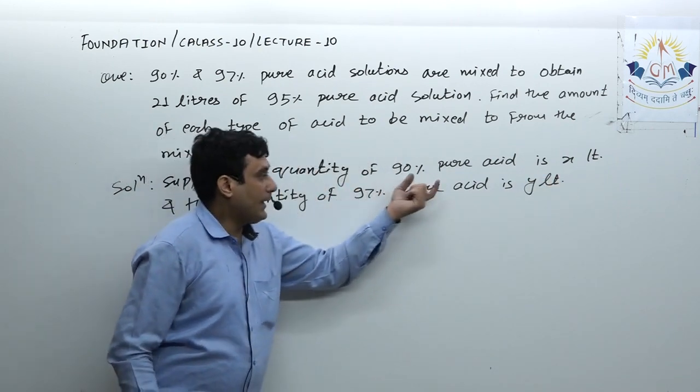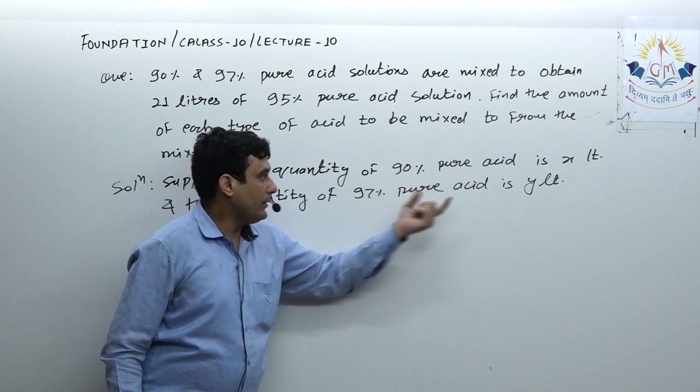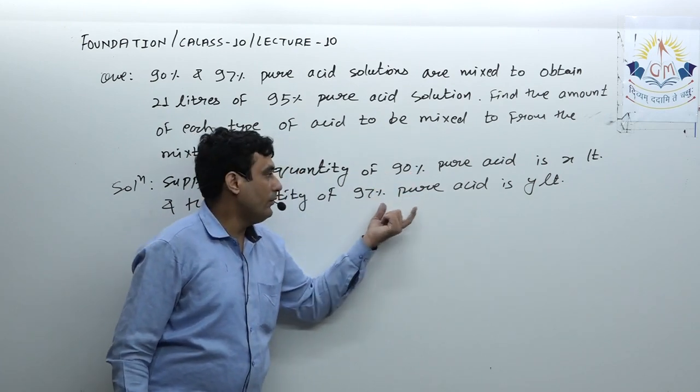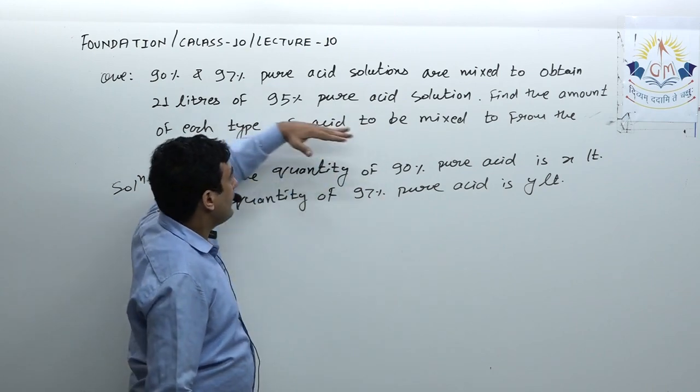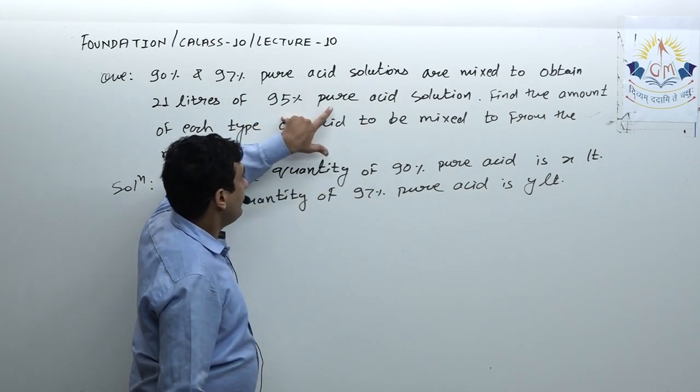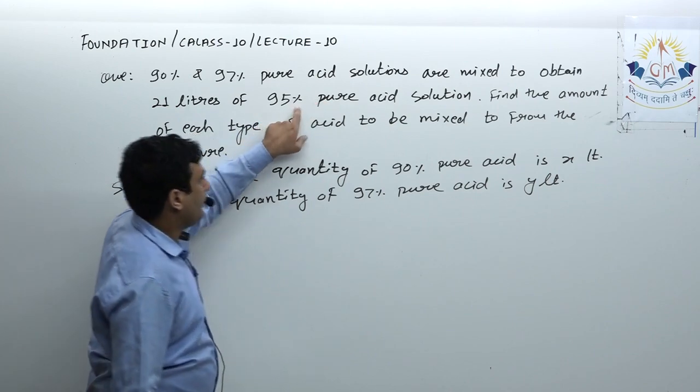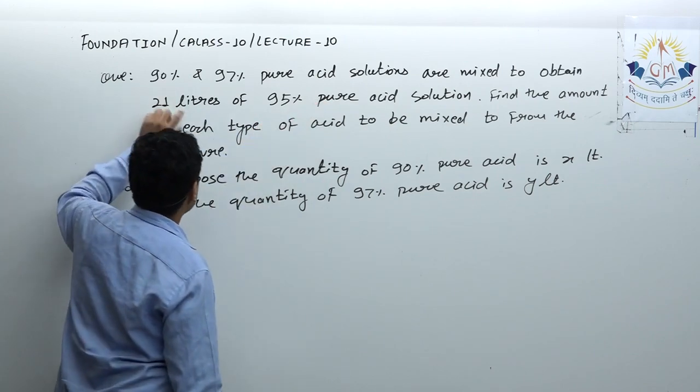That means we take x liters of 90% pure acid and y liters of 97% pure acid and then we mix, and we are getting the solution which is 95% and its quantity is 21 liters.